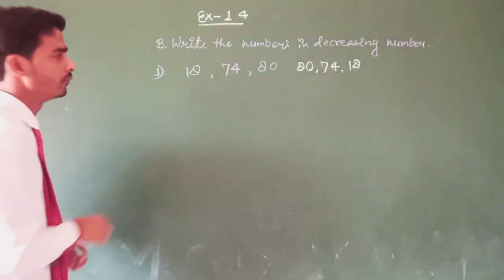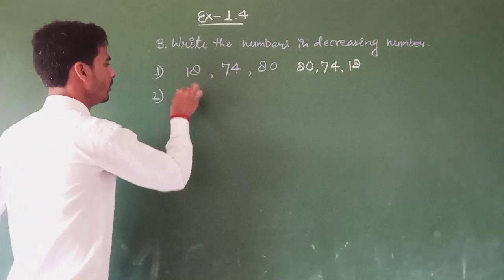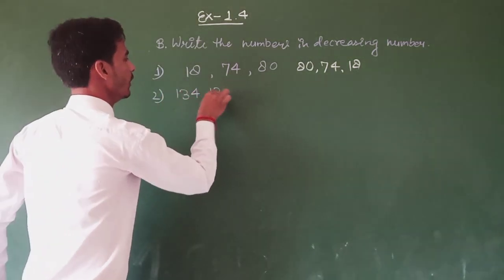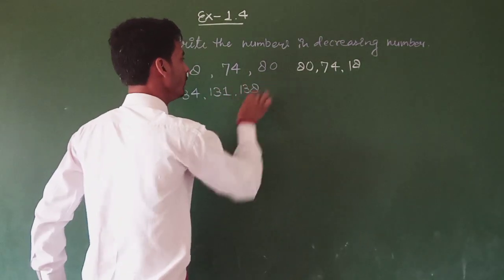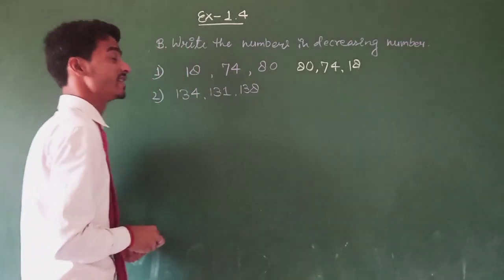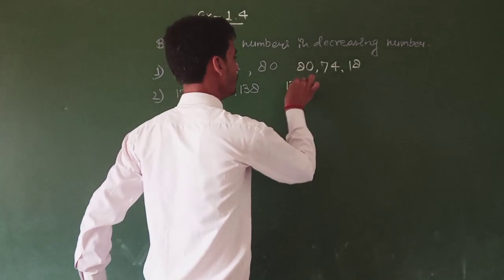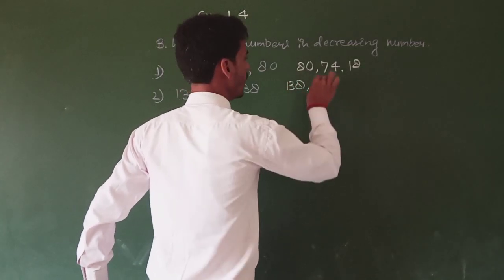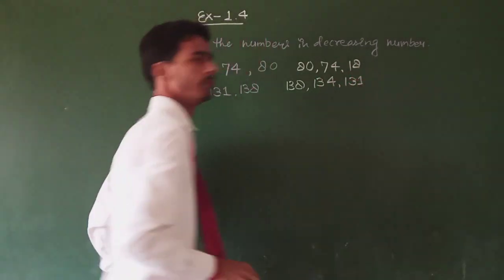Now the next one, question number second: 144, 141 and 148. When we arrange it in decreasing order, the greatest number is 148. So firstly we have to write 148 and then 144 and then 141.